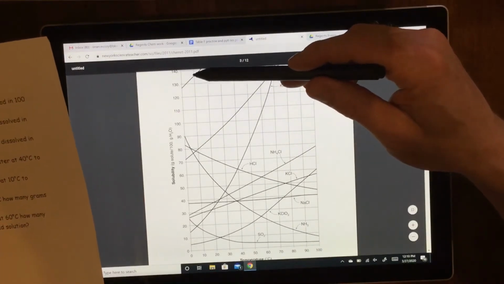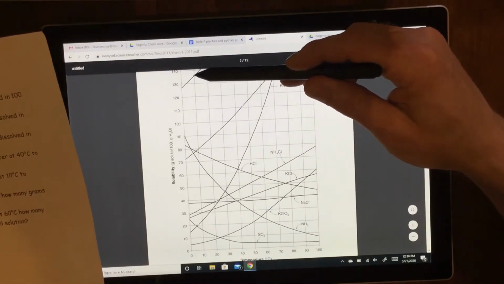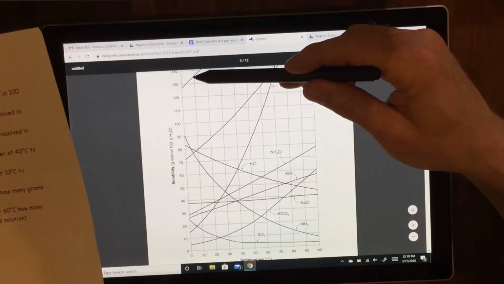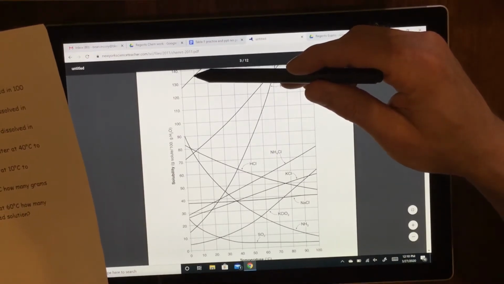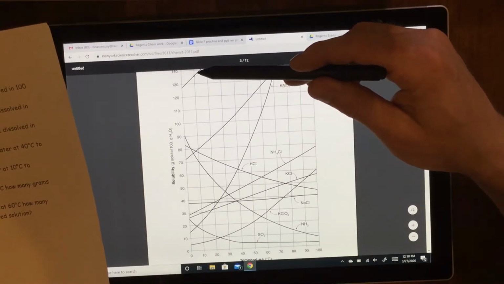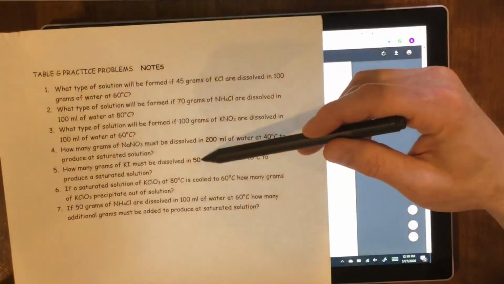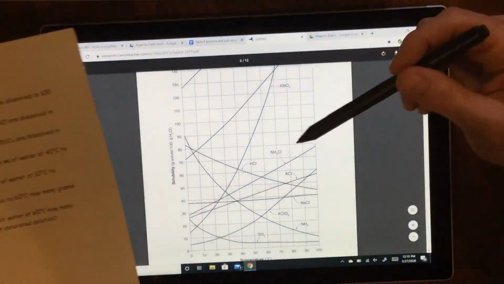So half of 136 would be what? 66? What did I say? 136, half of that would be, no, 68. Yeah, 68. 68 grams is the answer to number 5. That's half of 136. Okay.